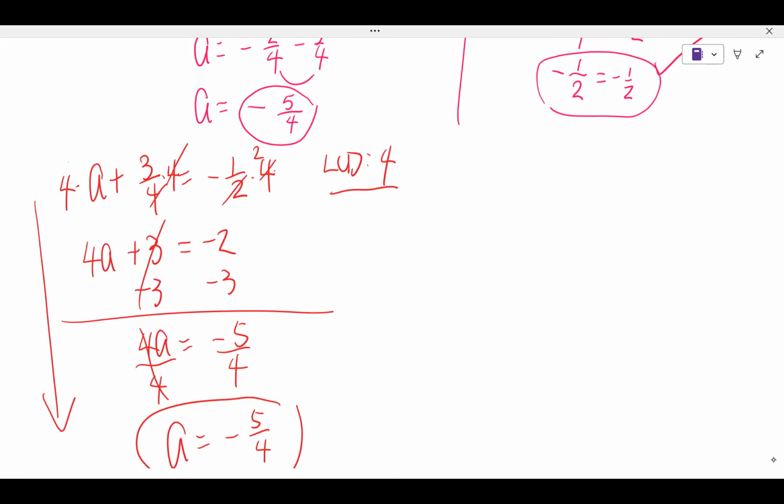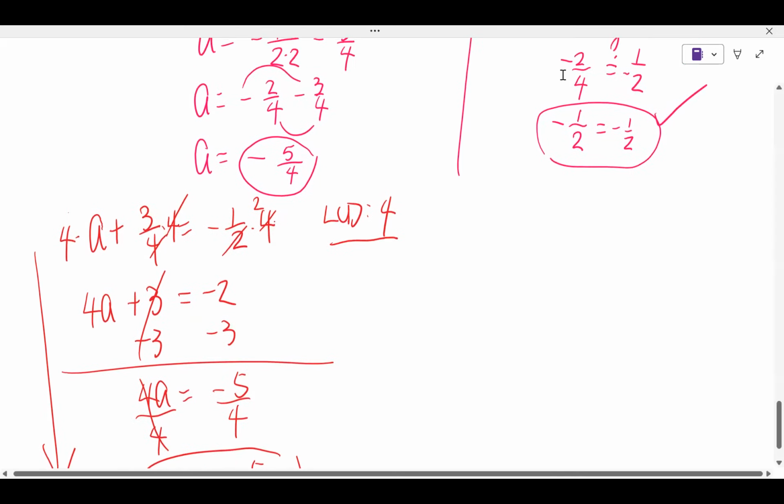It just partially helps us, but you still got to deal with the fractions. But once you use LCD, then you completely avoid the fractions. I know a lot of you guys don't feel like dealing with the fractions. So this is the way to go. Okay. Very good point.